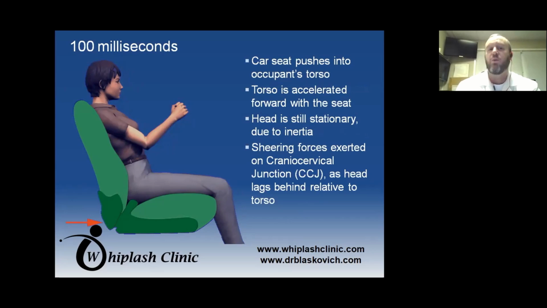And so relative to the connection between their head and their neck, you get shearing forces where the cranium is being forced posteriorly as the body's being pushed forward. So you have a shearing or a planar motion like this initially happening at that moment in time. And these shearing forces are focused and accentuated at the craniovertebral junction.